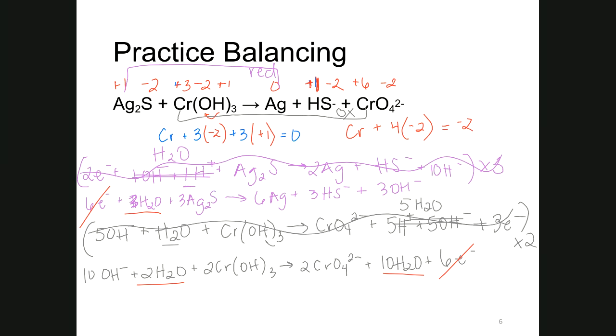Well, again, we can cancel out anything that's on opposite sides of our equation. So we can look at the 3 versus 10, and that means that all 3 of these can go away, and this 10 can now become 7. And then again, we can compare 2 and 7, get rid of this 2, and this 7 now becomes 5 waters.